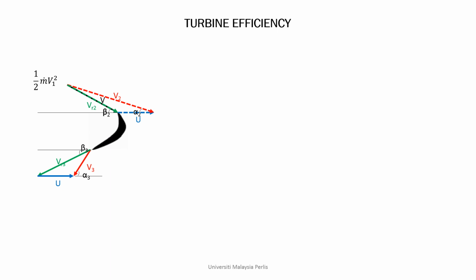So in order to get the efficiency of the blade in converting the kinetic energy into power, we can use this rotor efficiency equation, which is the ratio of the power produced over the kinetic energy supplied by the steam.